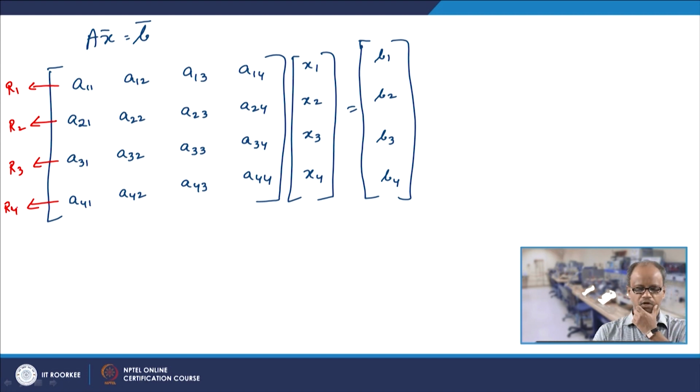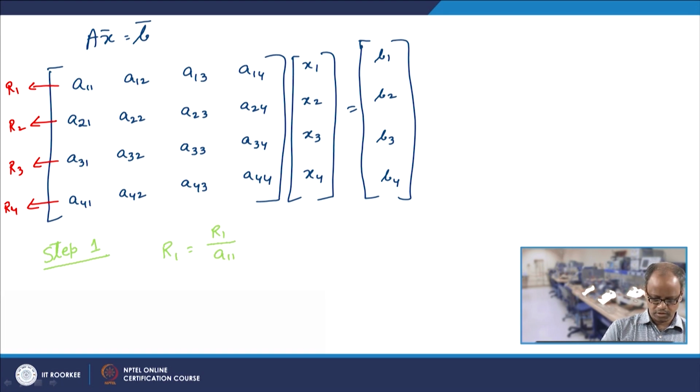So, our steps would be, as we have looked into, that step 1 would be R1 is equal to R1 by A11. So, essentially you would be dividing this entire row by A11. So, then what will happen? Here we will have 1.